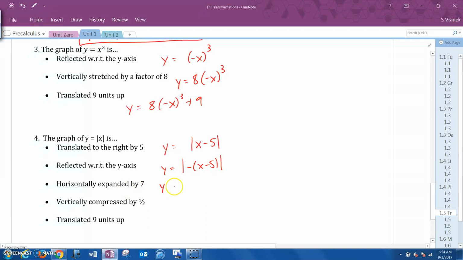So is the horizontally expanded. So this becomes basically -1/7. Then we're vertically compressing by a half. That you use the same value for. And finally, we translate 9 units up, which is plus 9.